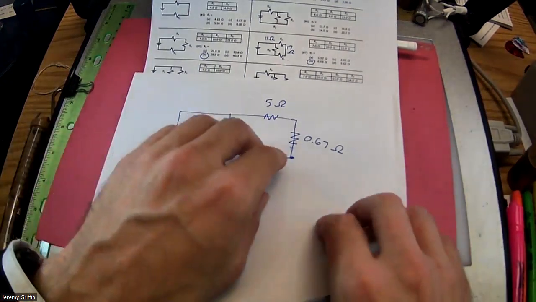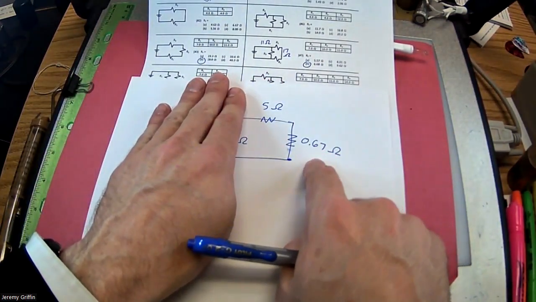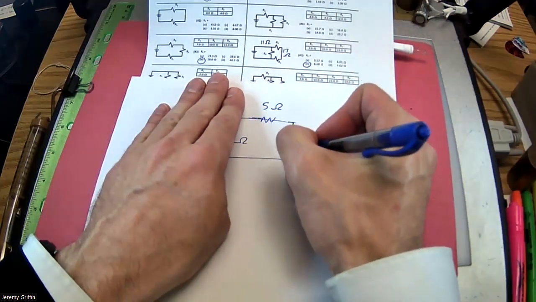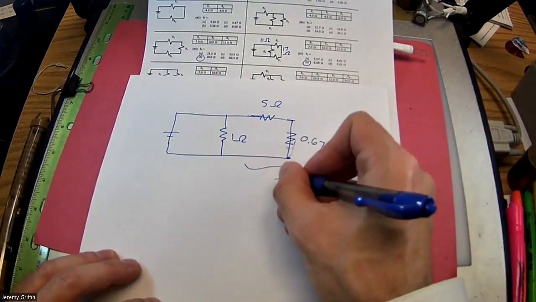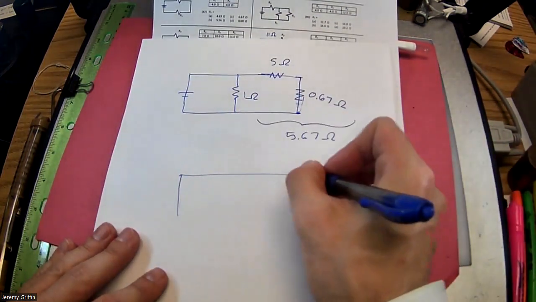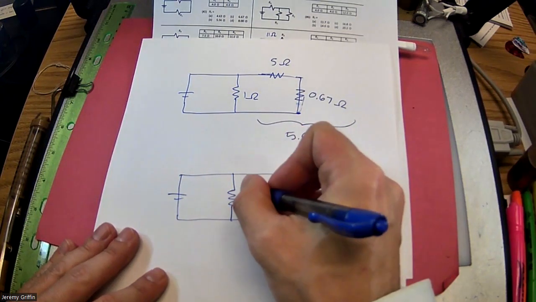Okay. So now we're going to work back towards the source. These 2 guys, is that series or parallel? That's series, because whatever current gets on this road has to go through both sequentially, one after another. So you can very simply add this up. Is that like 5.67 ohms, you guys think? Okay. Then I'll redraw the circuit again, an equivalent circuit. Now, this 1 ohm I haven't touched yet, so he's still here.